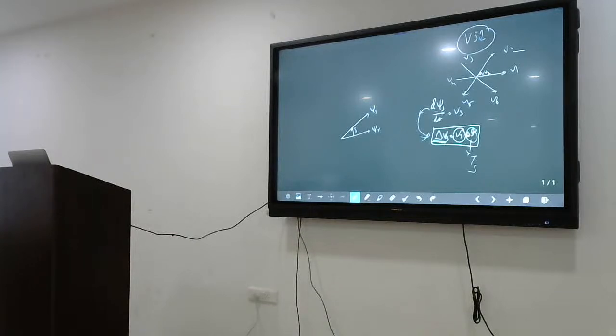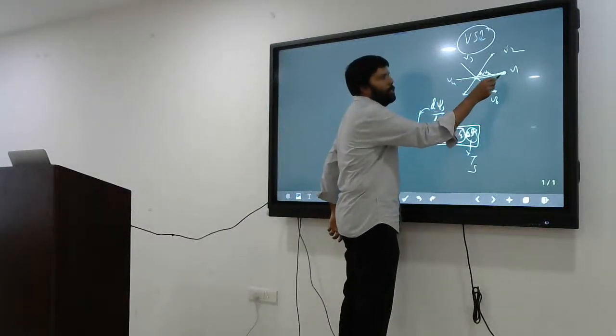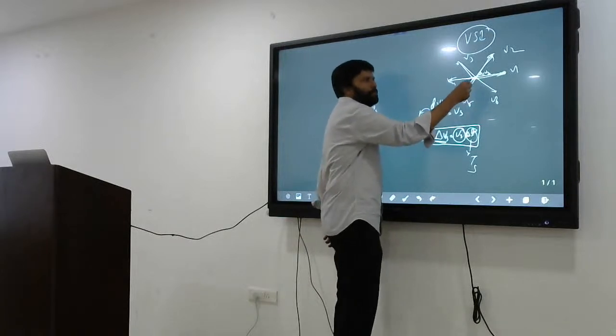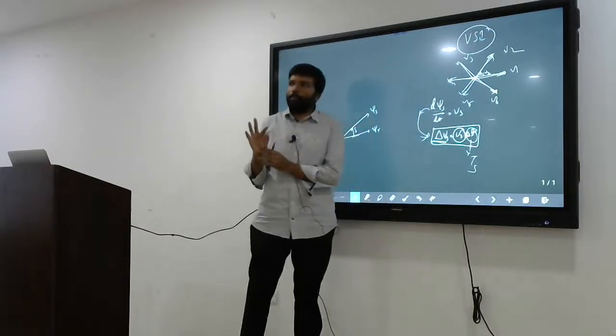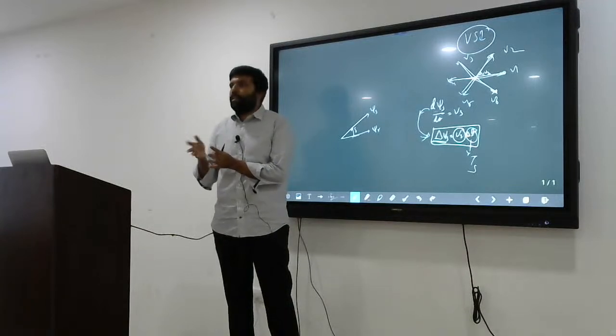We can produce the V2 vector with 60 degrees, 120 degrees, 180 degrees, right? 180 plus 60. Like that, we can produce different voltage vectors, but the amplitude is same. The length of all these vectors is same, but the position is different. By changing the inverter switching states, we can produce this.